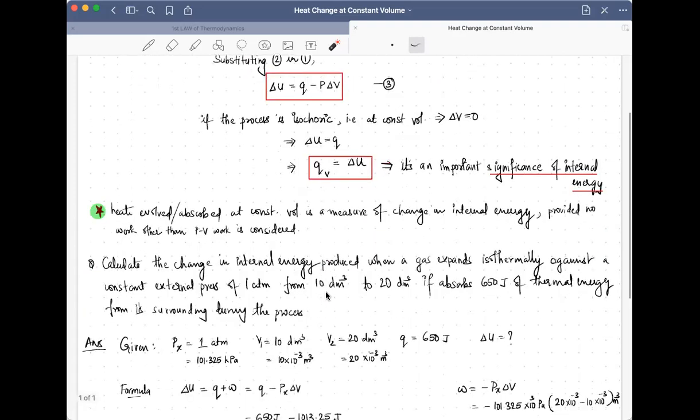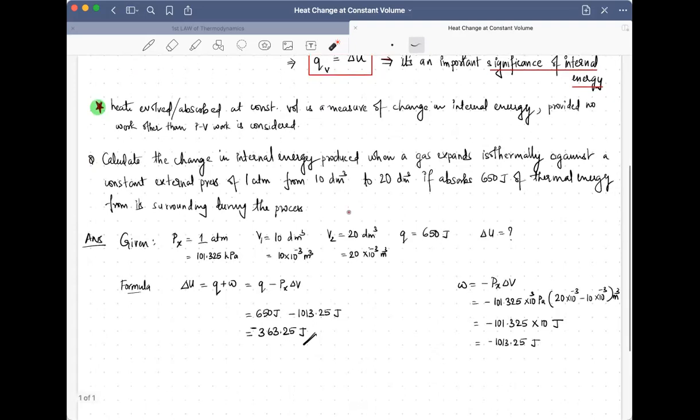Let us look into a numerical here. Calculate the internal energy change produced when a gas expands isothermally against a constant external pressure of 1 atmosphere from this volume to this volume, if it absorbs 640 joules of thermal energy from its surroundings.